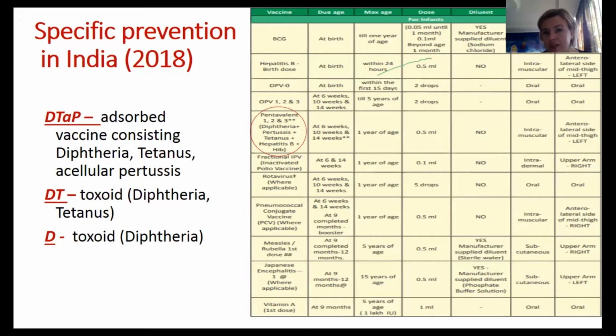What is interesting is that India immunizes children only at 6, 10, and 14 weeks. The last age when a child can be vaccinated is 1 year old by this schedule.